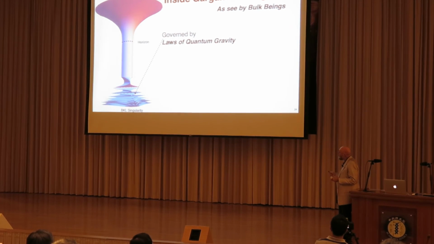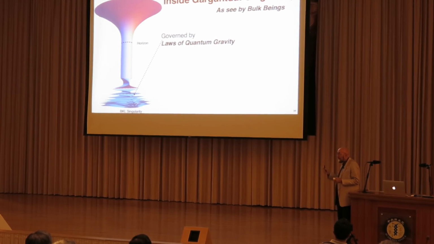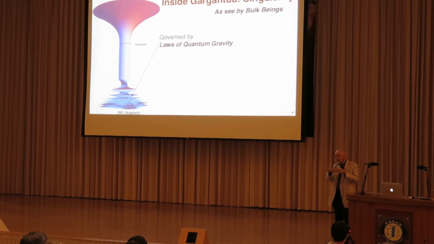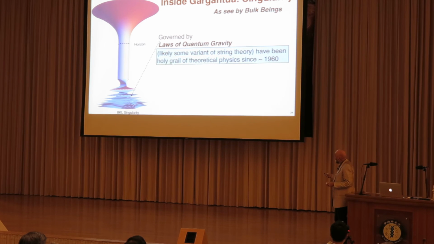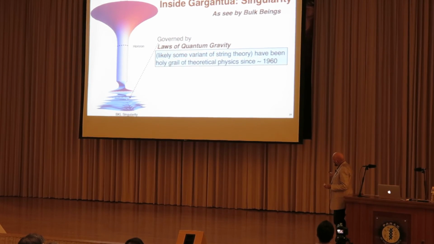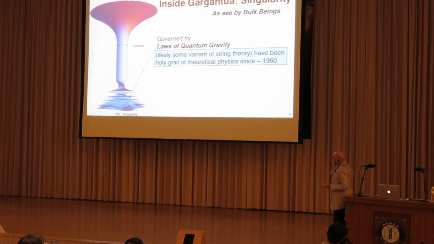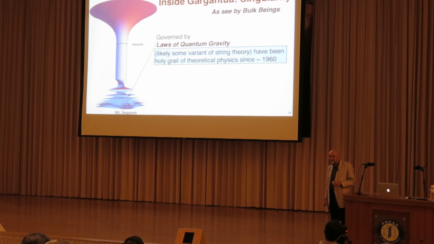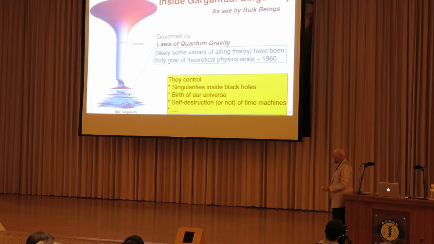It's governed by these new laws of quantum gravity that are obtained by combining general relativity with quantum physics. And this is likely some variant of what we call string theory. And understanding these laws has been the holy grail of theoretical physics since about 1960. So a great challenge for theoretical physics.